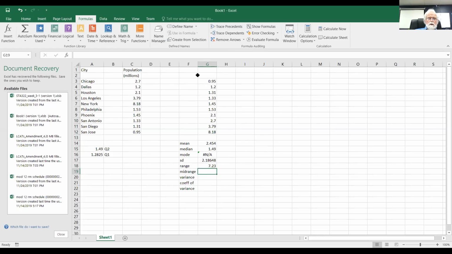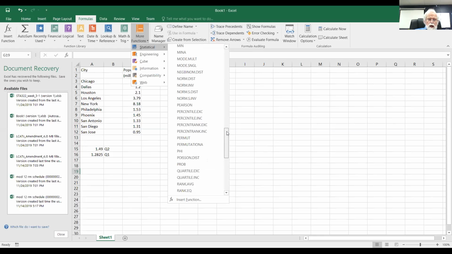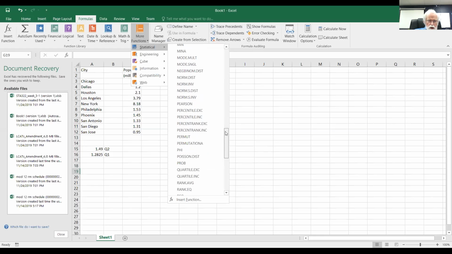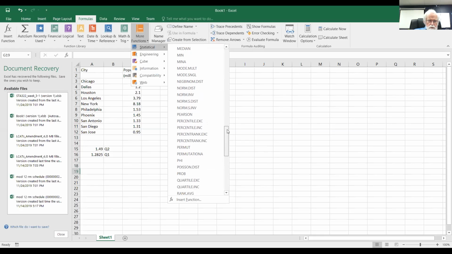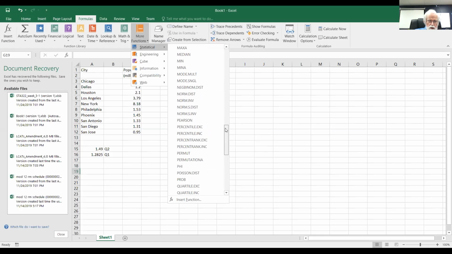The mid-range, again, we look in and I don't believe there is a mid-range function. In reality, there is. It's called Q2, the quartile. But mid-range is halfway between the two.